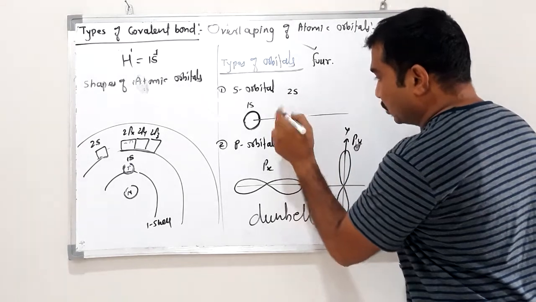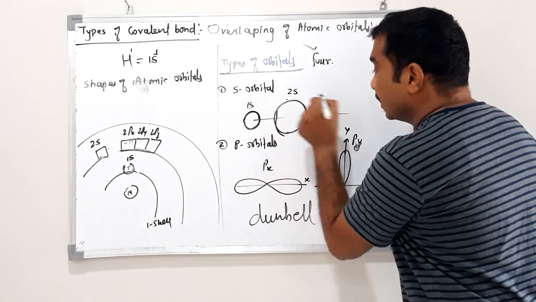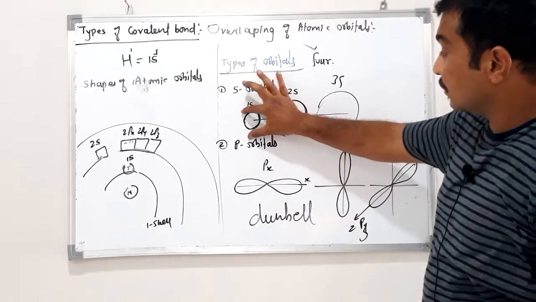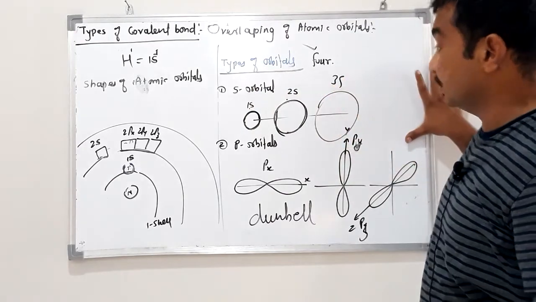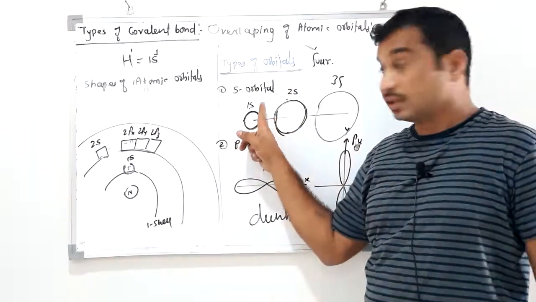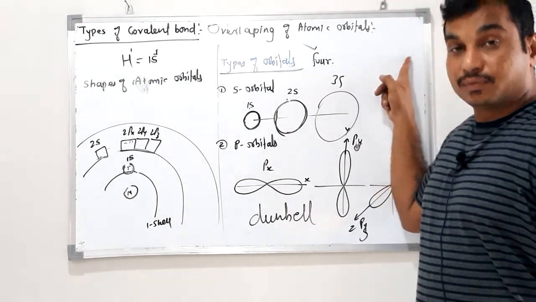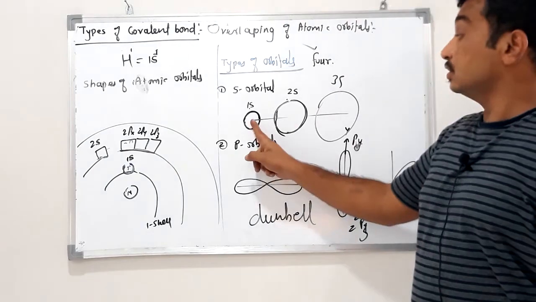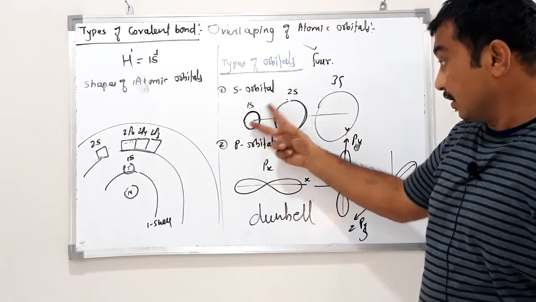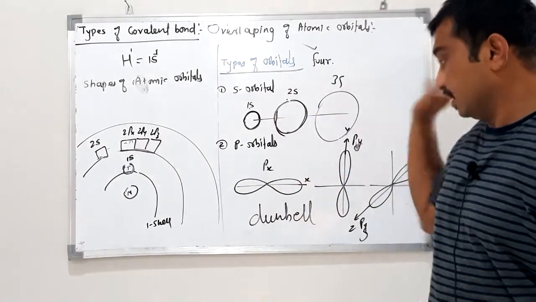All s orbitals are spherical: 1s, 2s, 3s and so on. Only the size of the spherical shape increases as the principal quantum number increases: 1s, 2s, 3s, 3p, 4s, like this. The diameter increases. That is the meaning.